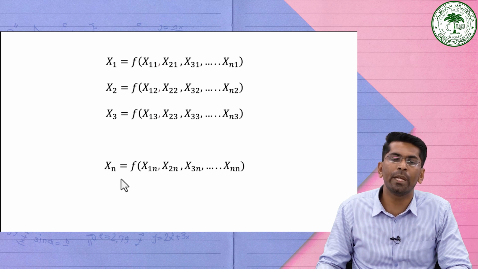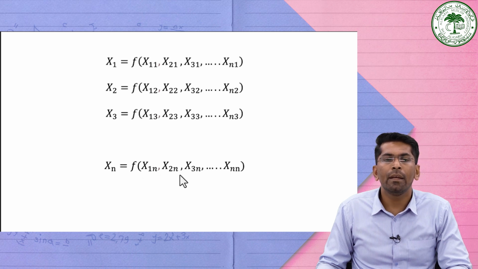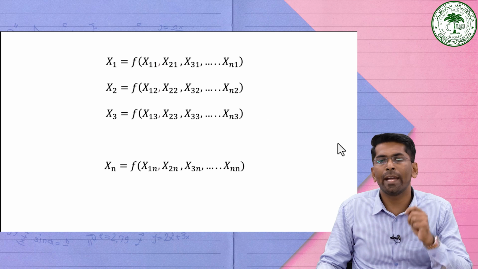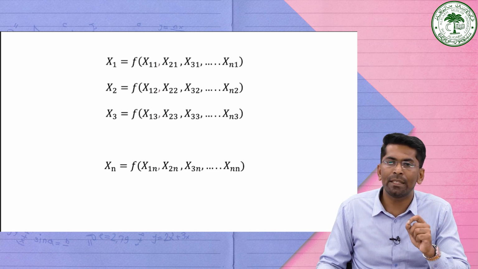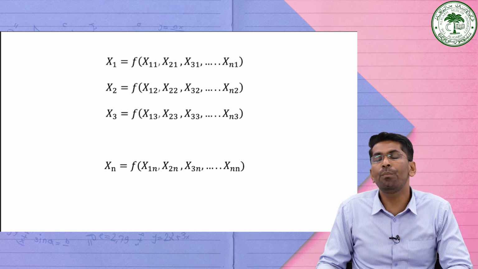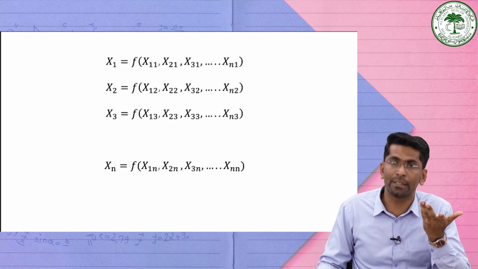The nth industry's output, Xn, is a function of X1n, X2n, X3n up to Xmn. So this is a system of equations showing how the output of each sector depends upon the input it receives from all other sectors.